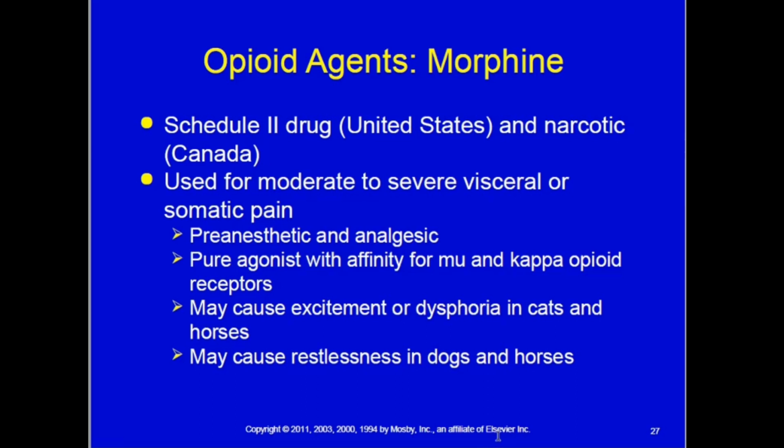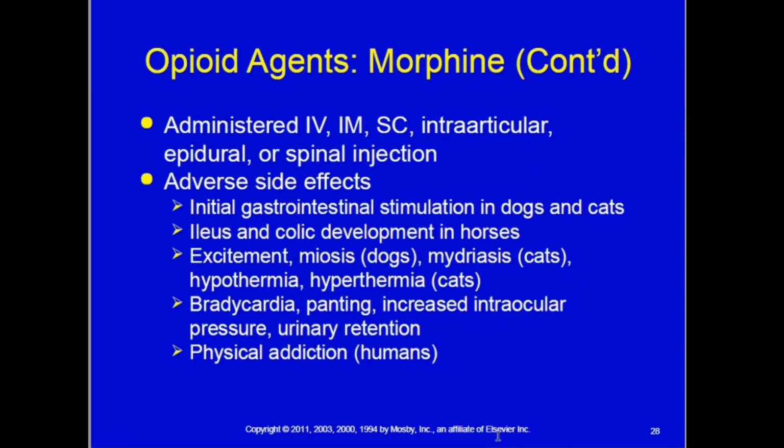In humans also, if the dose is excessive, the patient might have excitement or dysphoria and may behave abnormally in case of morphine overdose. It can be administered IV, intramuscularly, subcutaneously, or intra-articularly. It can be given in the epidural space or with spinal injection in the CSF.